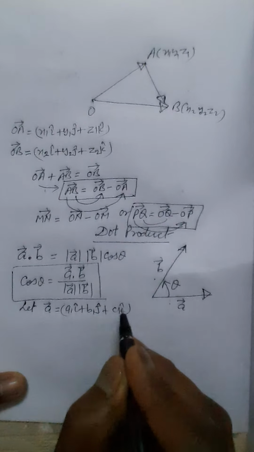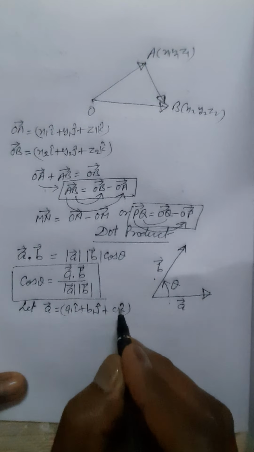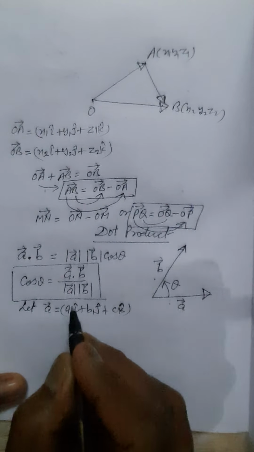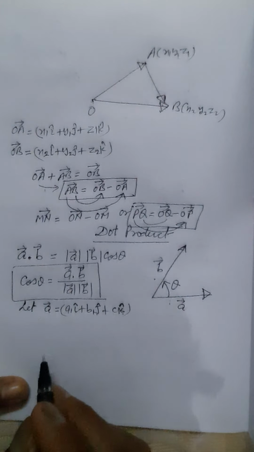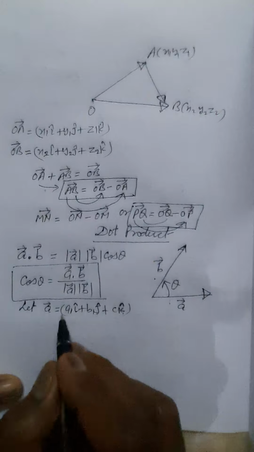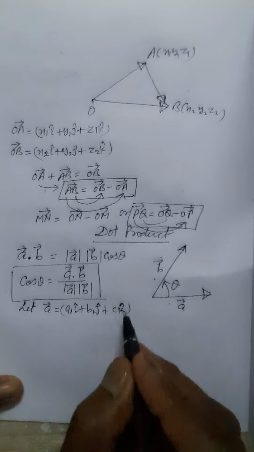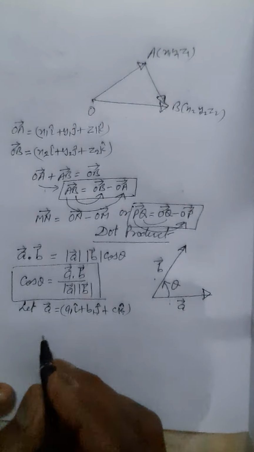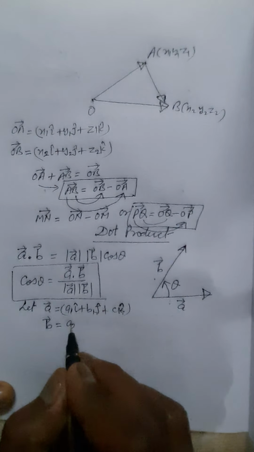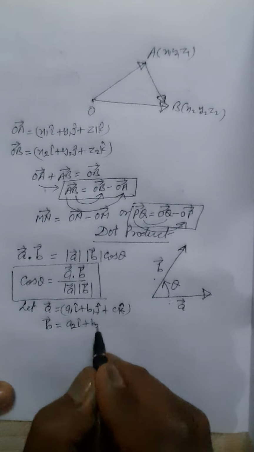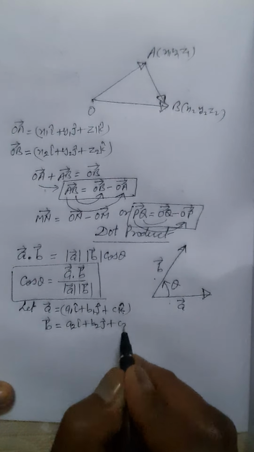These are the unit vectors. They tell you about the direction: x-axis, y-axis and z-axis. A1 units along x-axis, B1 units along y-axis, C1 units along z-axis. Similarly, let another vector be A2i, B2j, C2k.